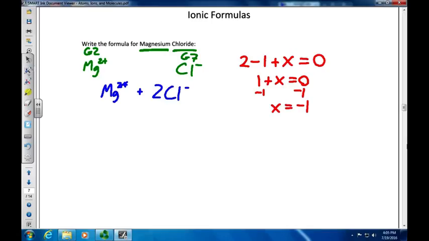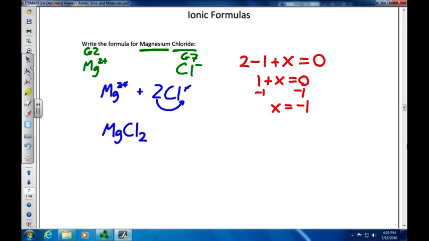The charges will cancel each other out, and the coefficient will drop down to the subscript when you put the ionic formula together. And so our final formula will be magnesium chloride as written MgCl2.